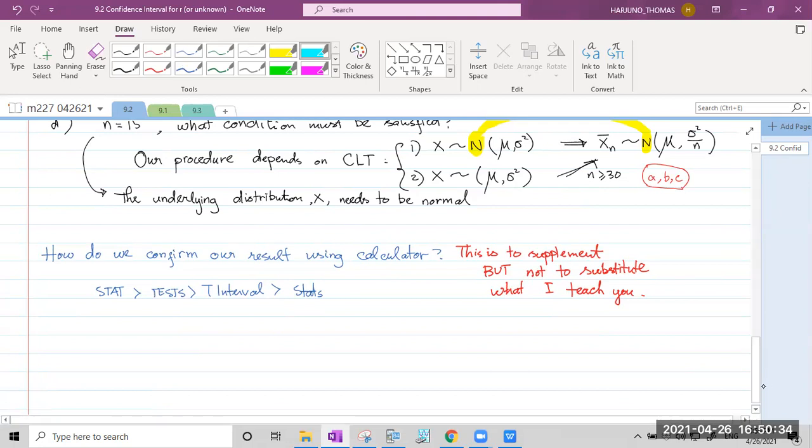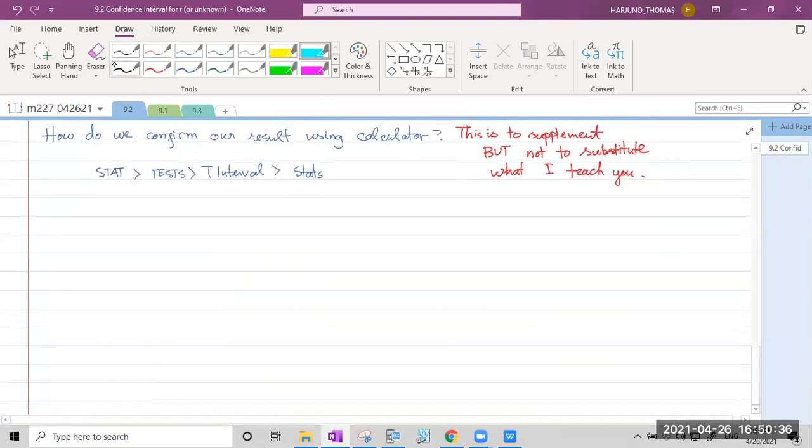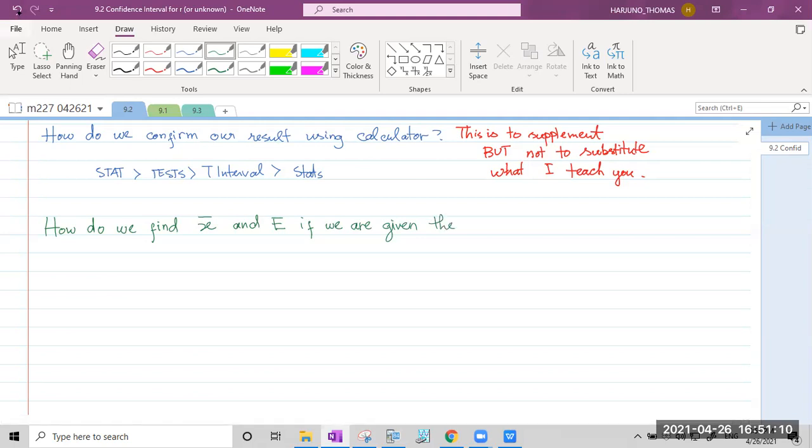Now let's do some problems from our textbook, the one from the easier side. Maybe I write it this way. How do we find X bar and E, the sample mean and margin of error, if we are given a confidence interval?